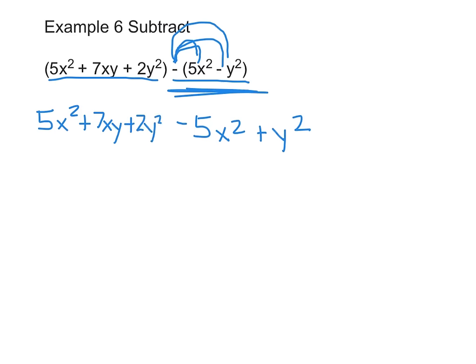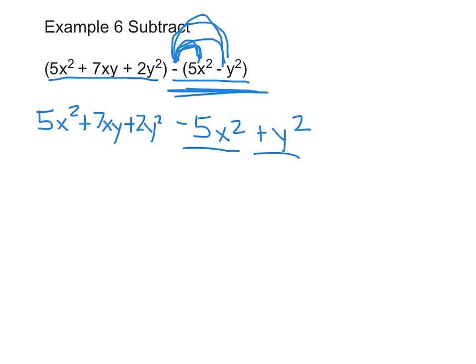So be careful when you have a subtraction problem. You're going to distribute the negative. So negative times 5x squared is negative 5x squared, and then negative times negative y squared gives me a positive y squared.